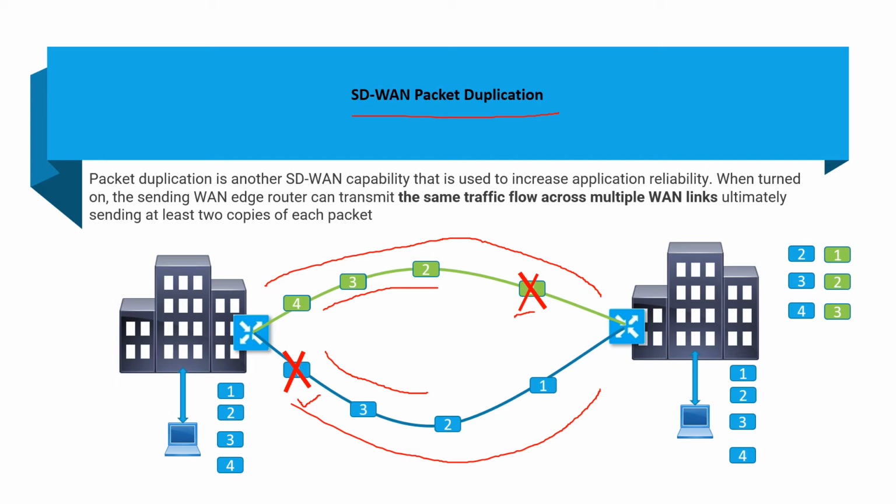This SD-WAN equipment is going to discard all the duplicates and reconstruct the same sequence that we were sending initially from the sender. Let's look at the animation. We lost packet 1, then we lost packet 4 on the second link, and when it comes to the reconstruction, all the duplicates will be removed.